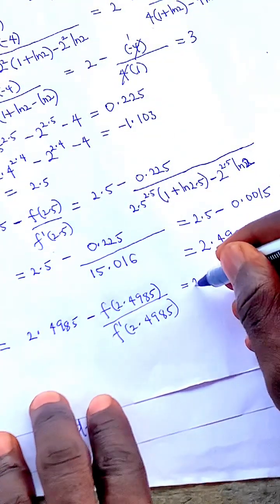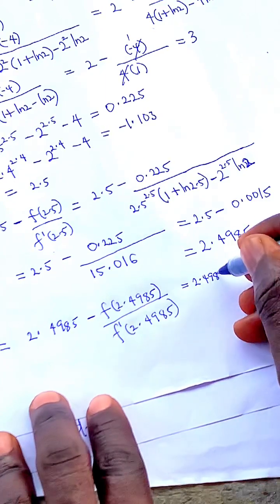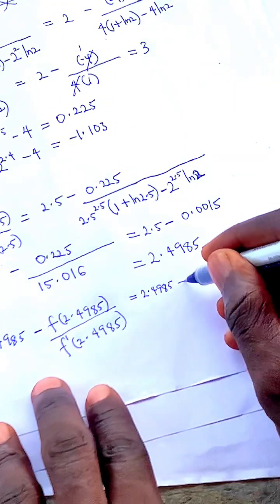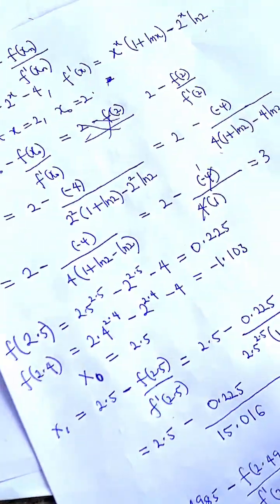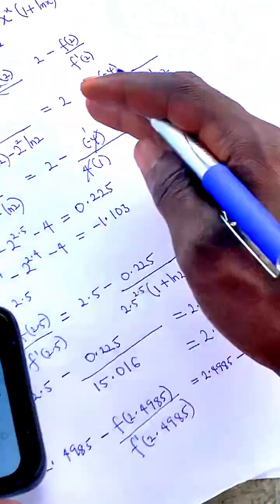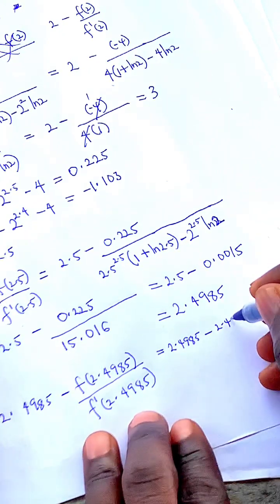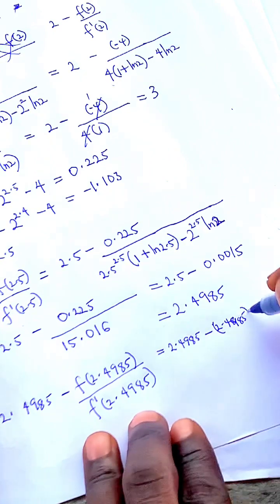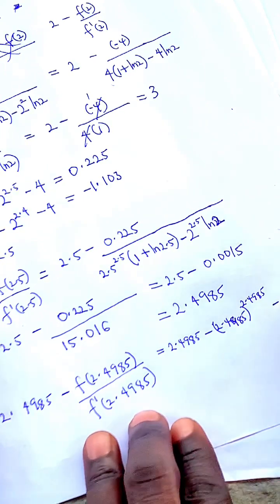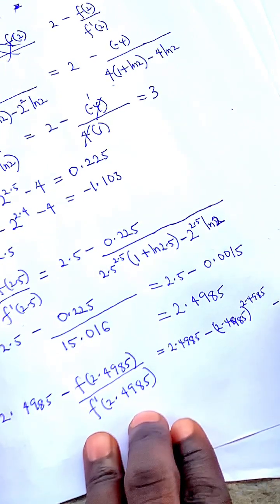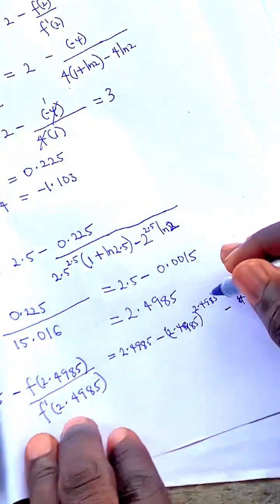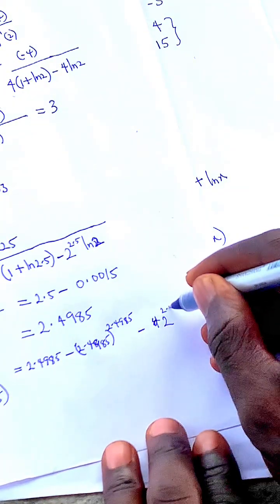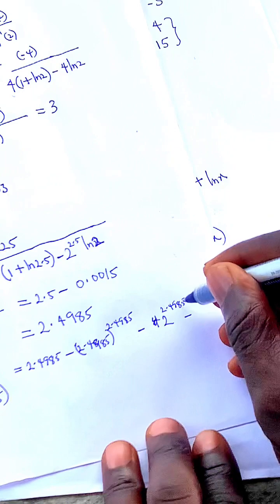It is equal to 2.4985 minus, let's put the function here now, 2.4985 all to the power of 2.4985 minus 4, minus 2 into 2.4985 minus 4.